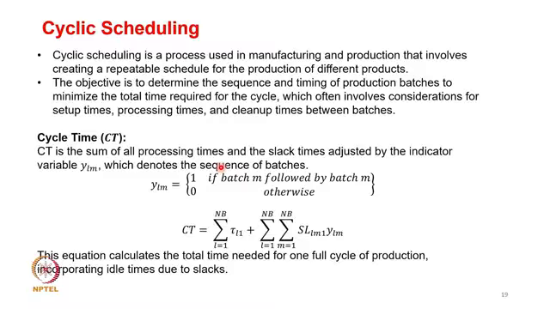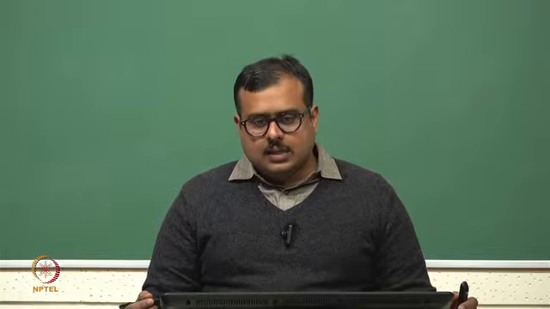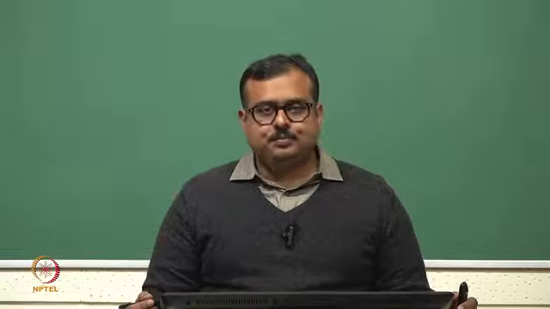Now, just to recollect, we talked about cycle time, and we talked about integration of wait times into cycle time. Then we talked about cleanup, then we talked about slacks. Now we go to the last part of this lecture: how do you do the scheduling of a cyclic process?